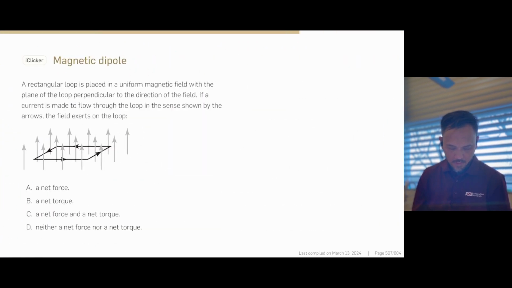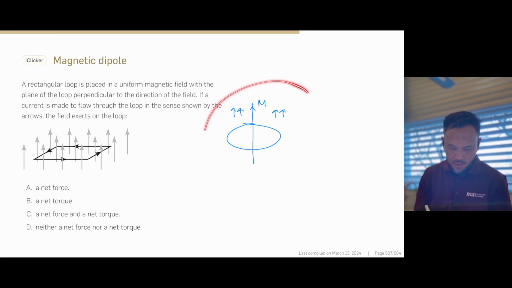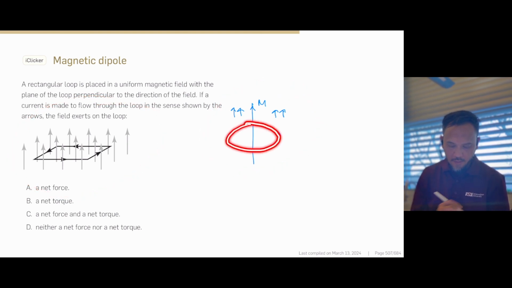Doesn't work. Anyway, let me just draw it. So these drawings are basically identical, meaning the plane of the loop is perpendicular to the magnetic field.